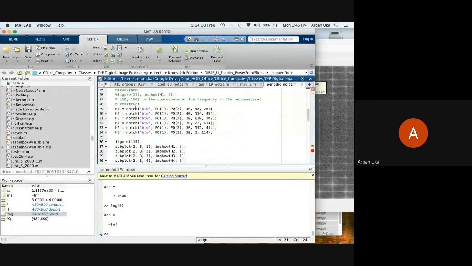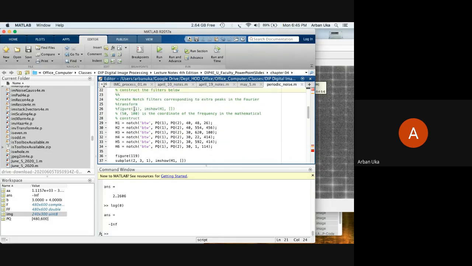Now let's move ahead and try to filter out some of these frequency patterns in the image that we are working with. One thing that is tricky is where we are going to apply the notch filter.